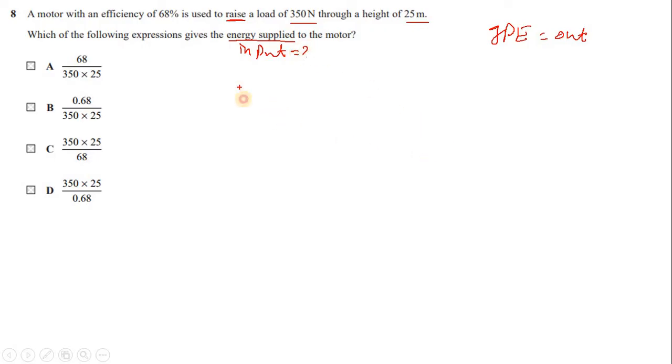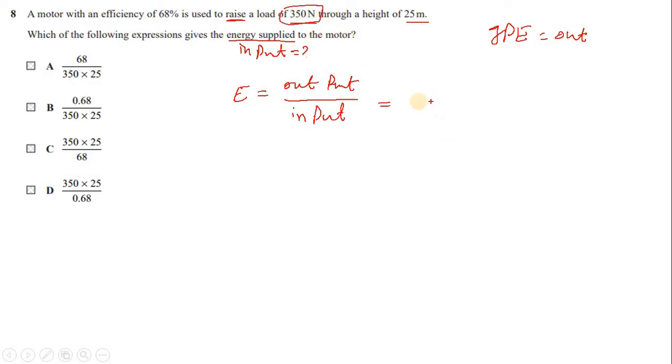So the formula for efficiency is E is equal to output divided by input in terms of energy. So the output is your gravitational potential energy, which is mgh, and mg is the weight, which is 350 Newton.